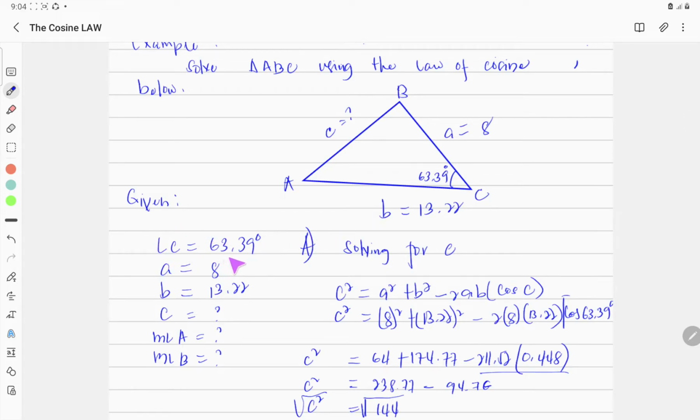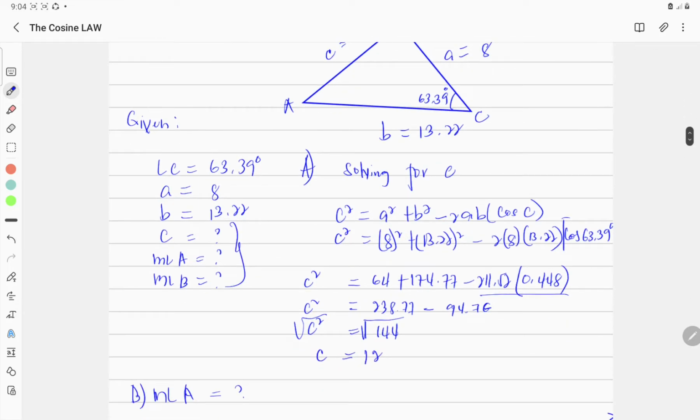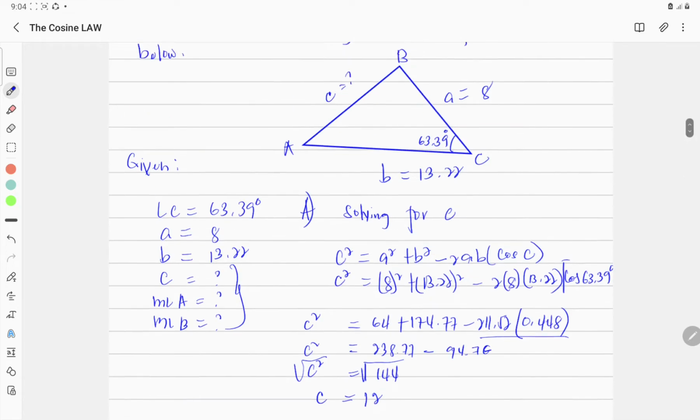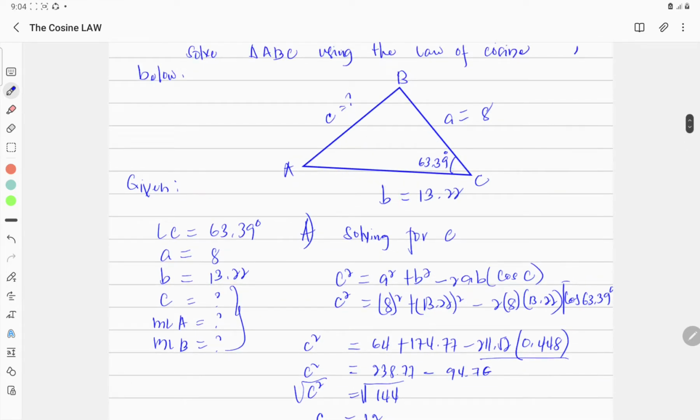We don't know yet side c, nor the measures of angle A and angle B. These three we are going to solve so that we will be able to solve triangle ABC.